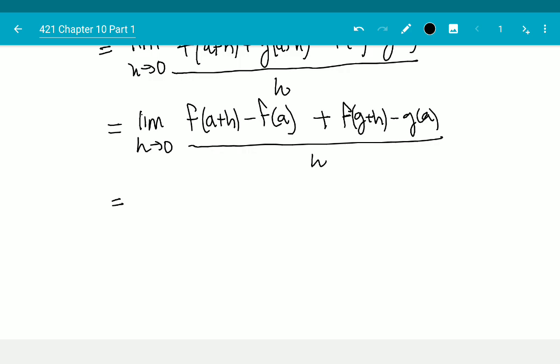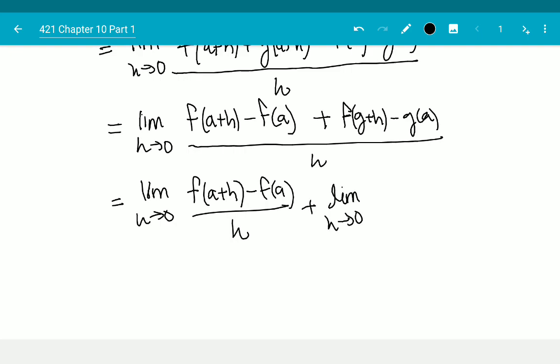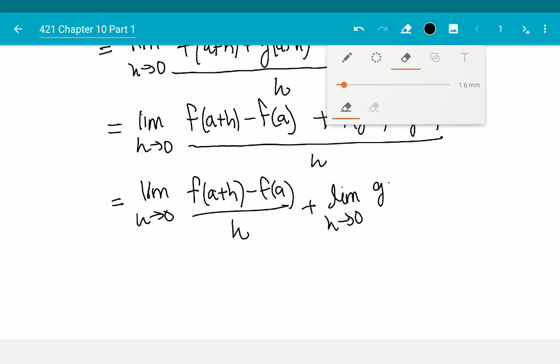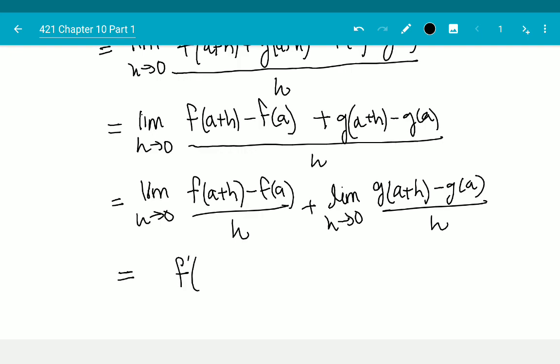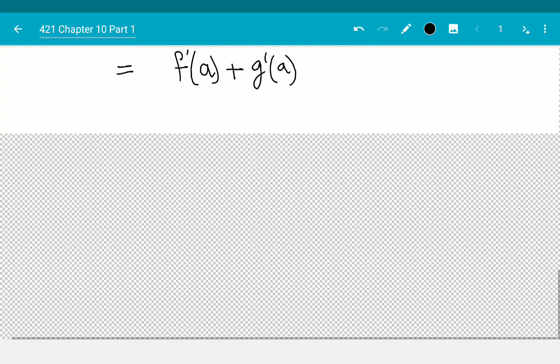Because I'm doing it very systematically, I'll write the next step also. f of a plus h minus f of a all over h plus limit h goes to 0, g of a plus h minus g of a over h is equal to f prime of a plus g prime of a. Oops, that should have been g of a plus h, not f of g plus h. Great. We managed to prove the first part.